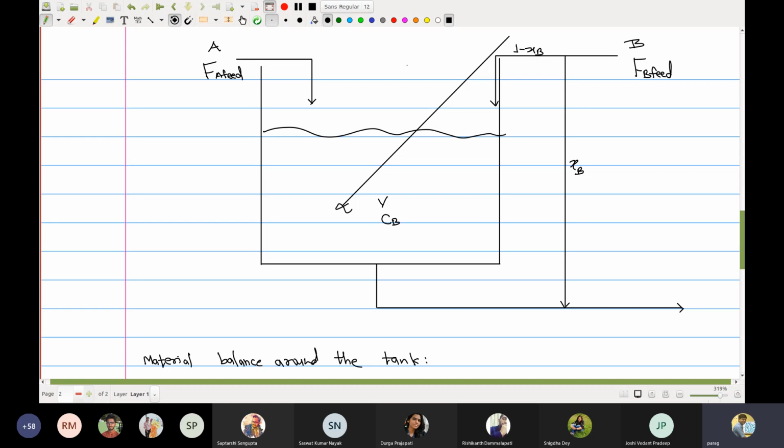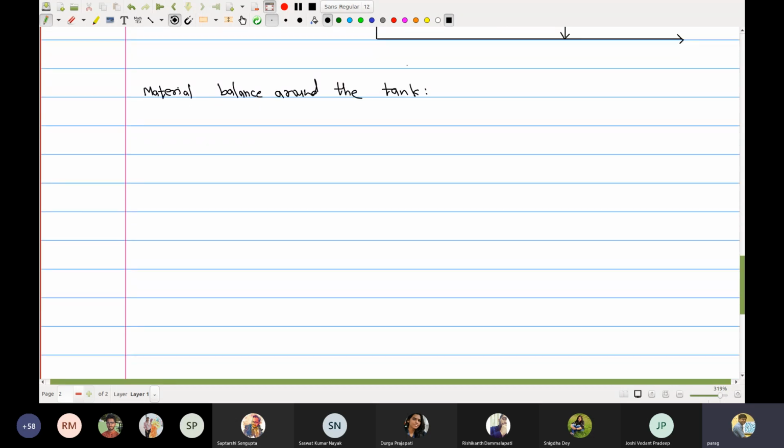In this particular case, if there is no specific change or time variation, then at steady state FA feed is coming in. So let us write the volumetric flow balance, or the overall mass balance.